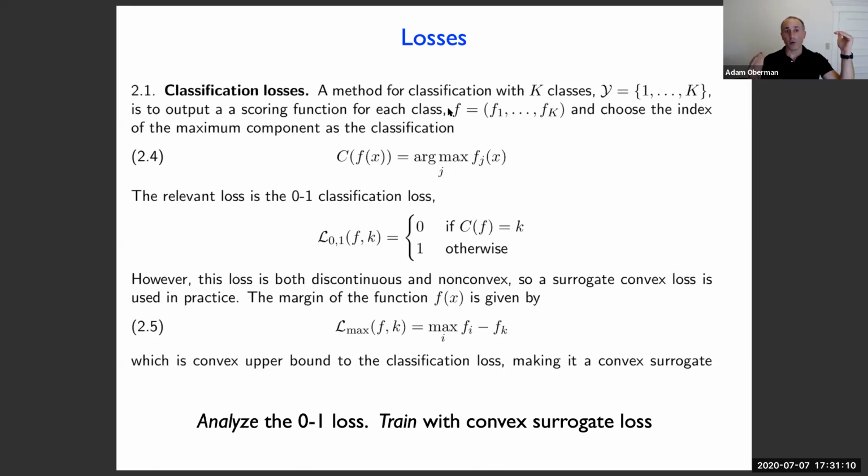The higher the score, the more confident the model is that this is the correct label, so the classification just picks the label with the highest score. Essentially you replace the discontinuous 0-1 loss with a function like this, which is the gap between the largest score and the correct value. But that's not what people use in deep learning.